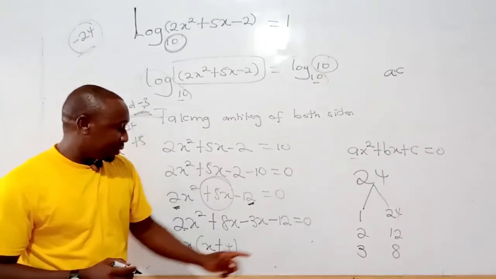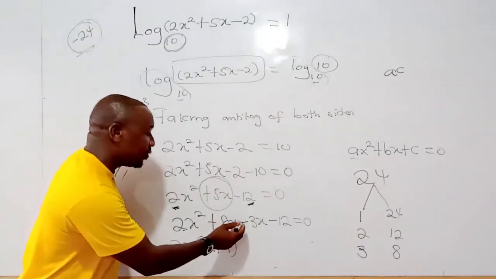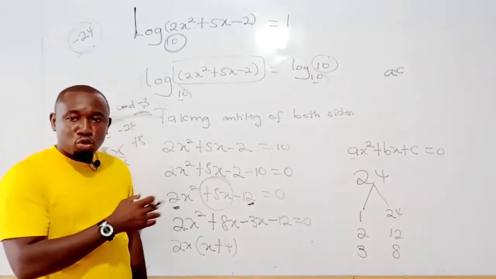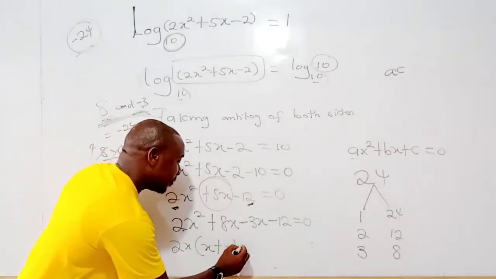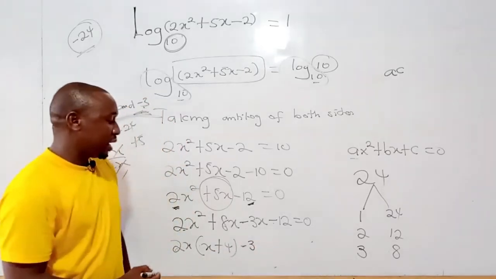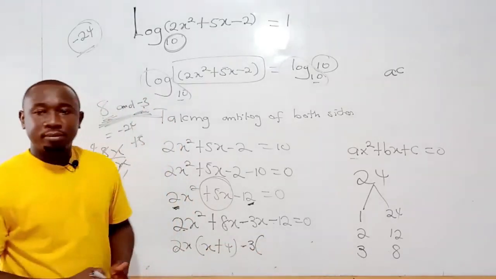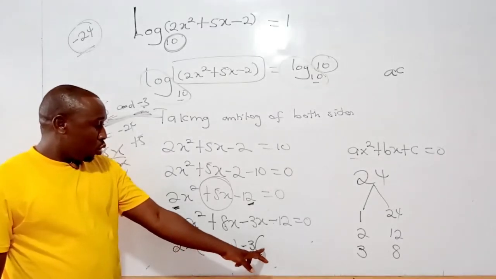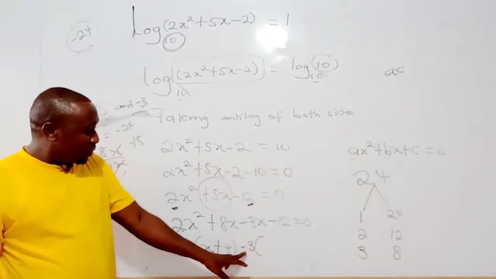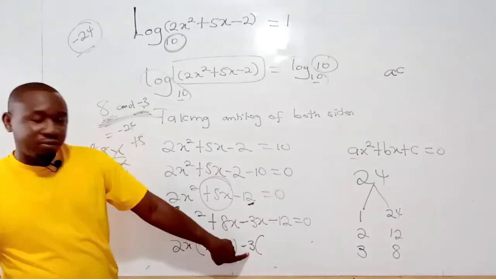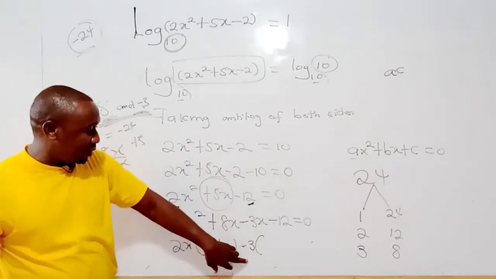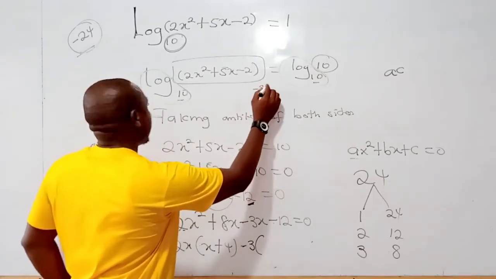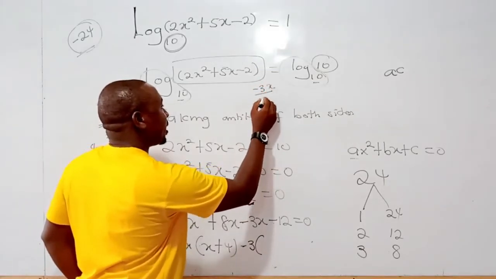Now, similarly, when we come here, we have negative, negative, and the number that is common to both is negative 3. Then you introduce your bracket. To know what should be here, you divide this term by negative 3. That is negative 3x divided by negative 3.